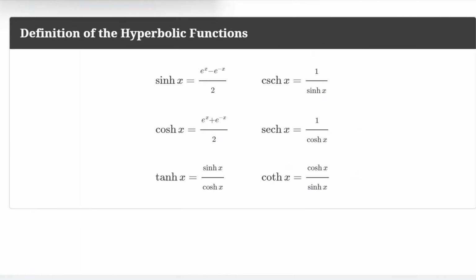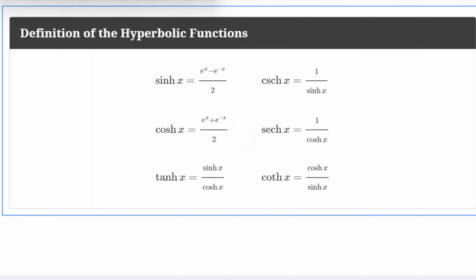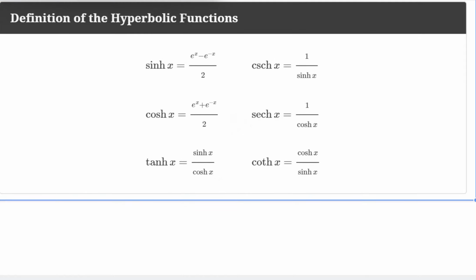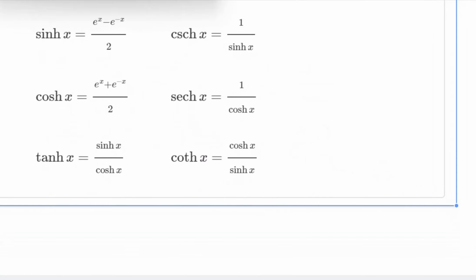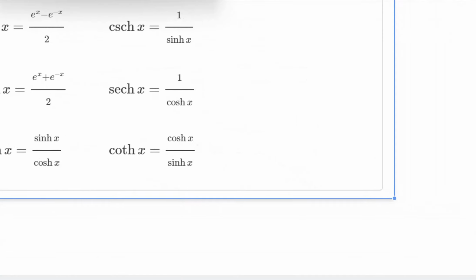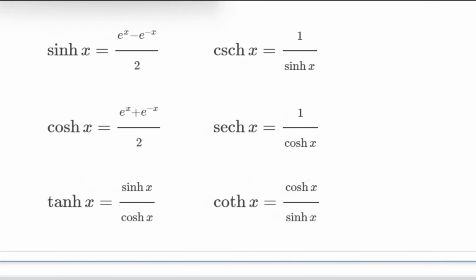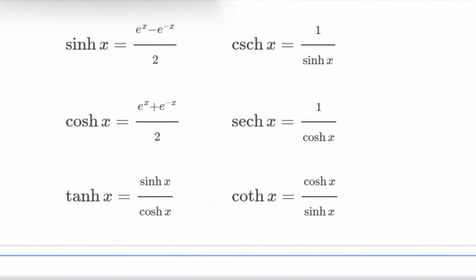All right, so here are hyperbolic functions. I'm going to make this a little bigger since we don't really need the name of it. When you're looking at the trig rules, sine, cosine, and tangent, they're all dealing with a unit circle.